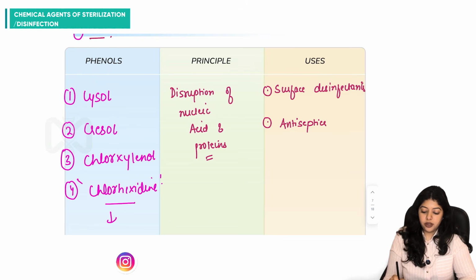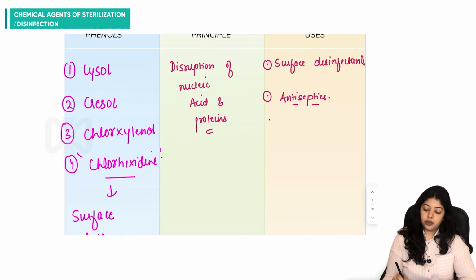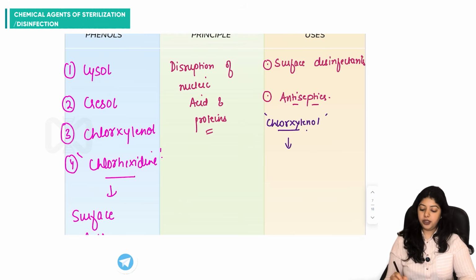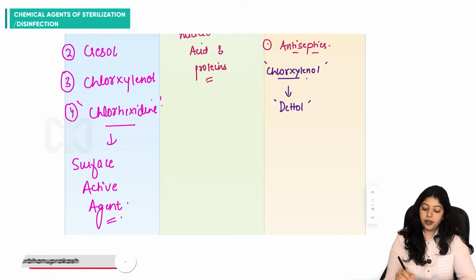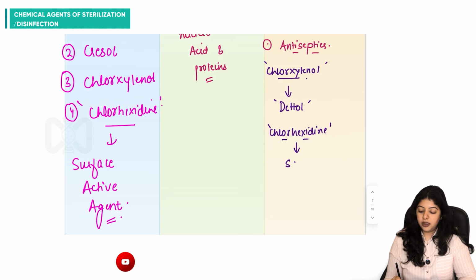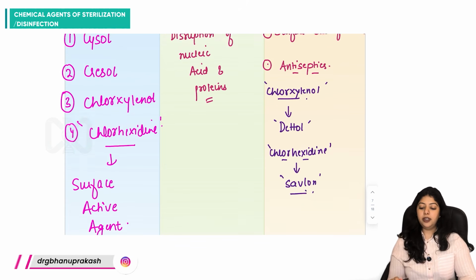And what are these agents? We have chloroxylenol, which is the active component in Dettol, and chlorhexidine, which is the active ingredient or active component in Savlon, right?